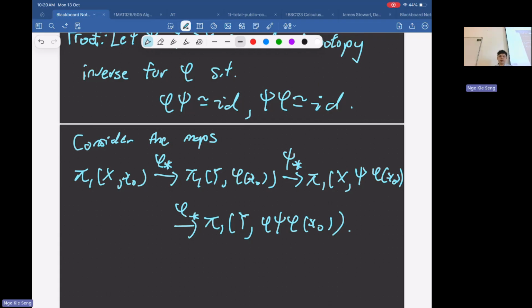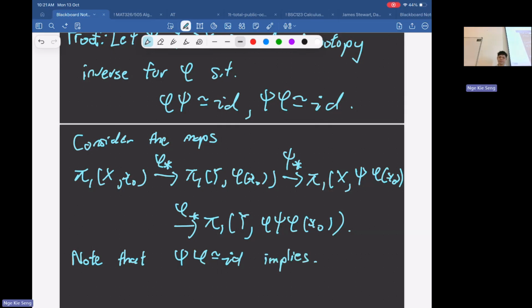So what does it mean here? Note that psi phi is homotopic to the identity. So this implies what?